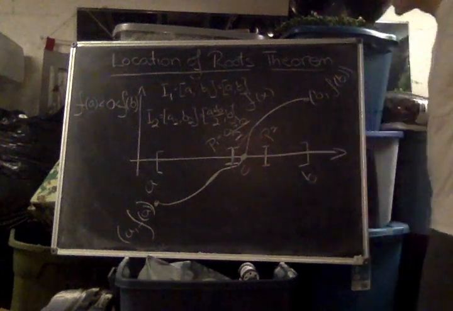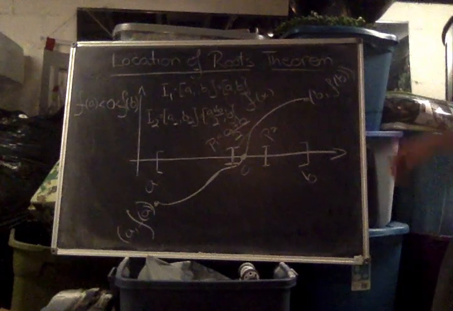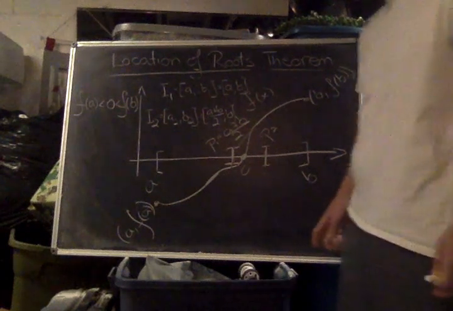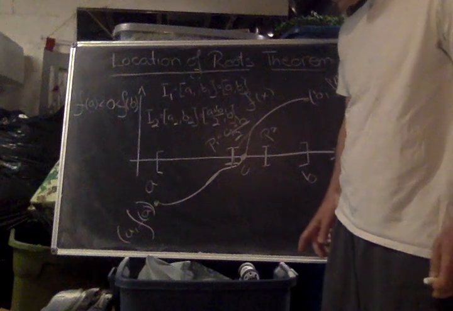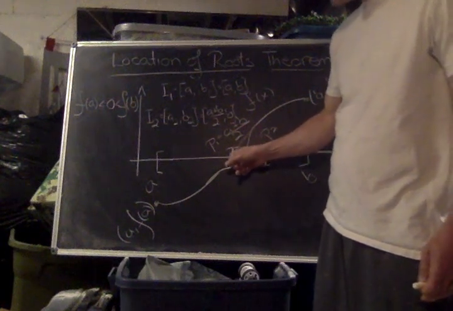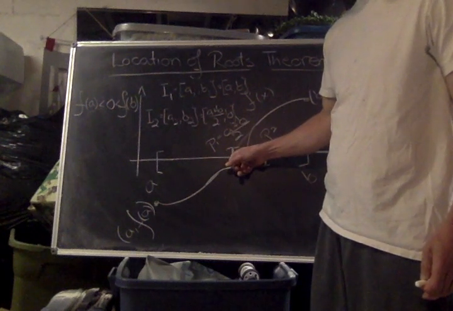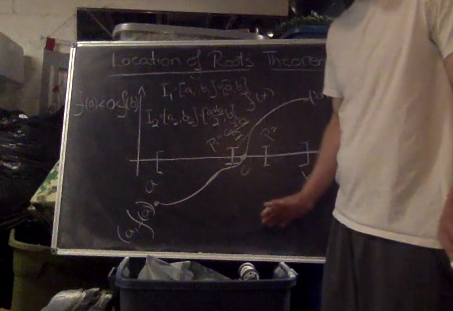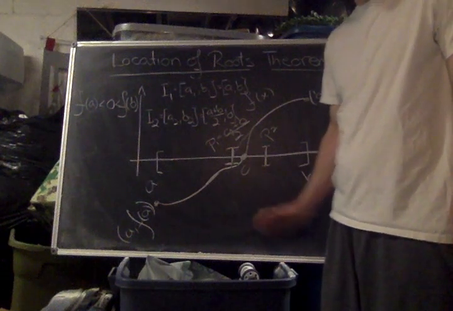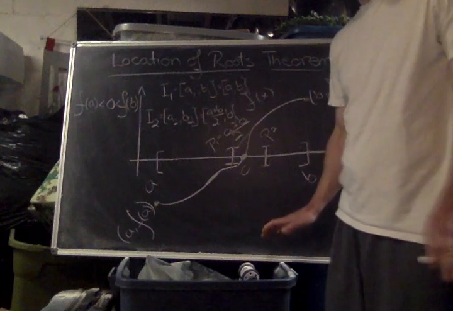Now, there's a slight wrinkle here that I kind of glossed over in the first step, which is that you could get extremely lucky. Okay, you could get extremely lucky in that when you first pick this midpoint, P1, halfway between A and B, it's possible, unlikely but possible, that f of that midpoint is already equal to 0.